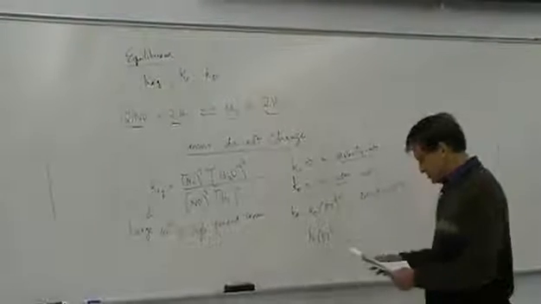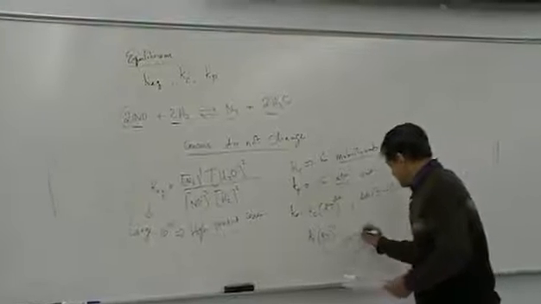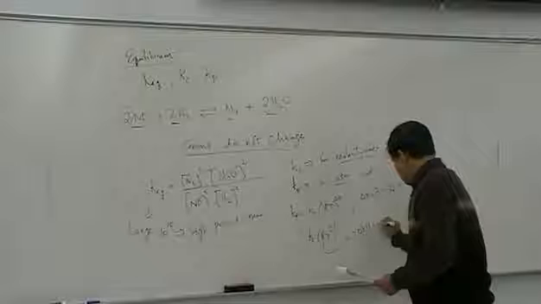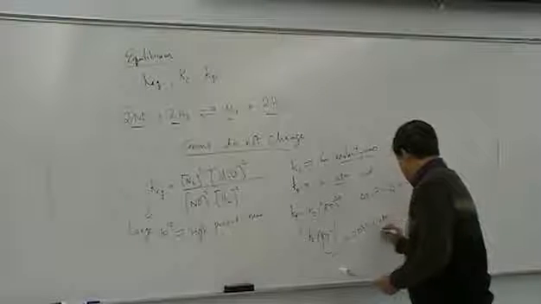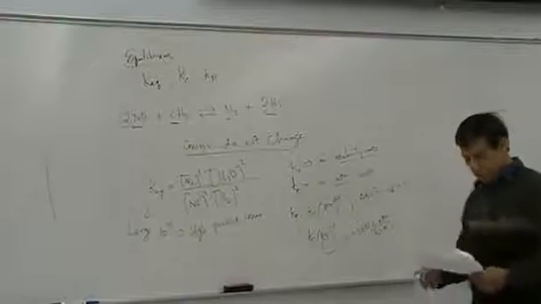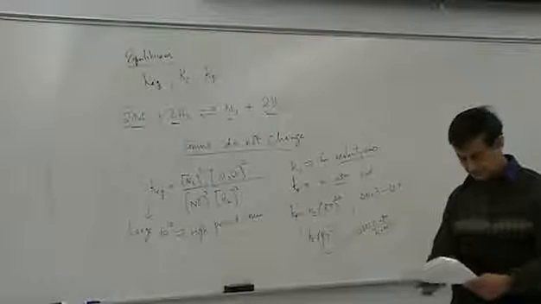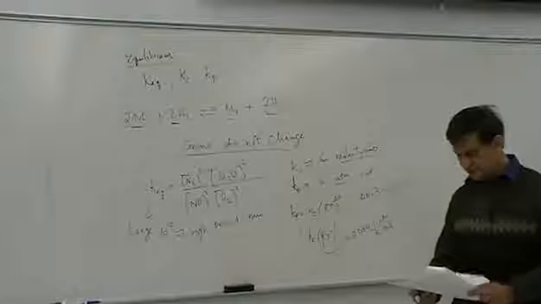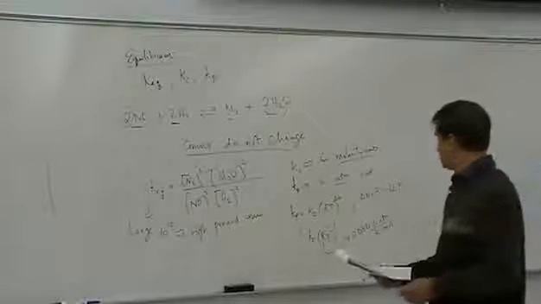For this kind of problem, you need to use this value, 0.0821 liter atmosphere per degree Kelvin per mole, not the joule unit. And this would be the straightforward answer to this question.